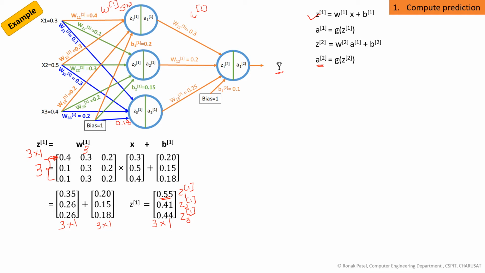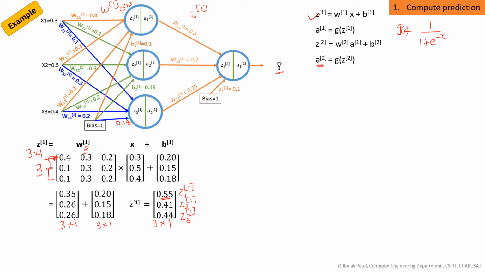Now next is A1. What is A1? A1 is the activation on Z1. Here we use the sigmoid activation function. The sigmoid activation function is g of x equal to 1 upon 1 plus e raised to minus x.